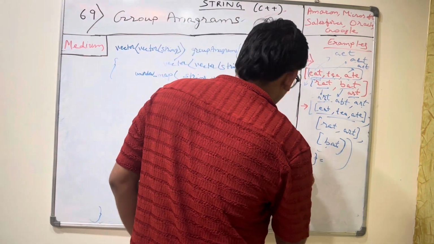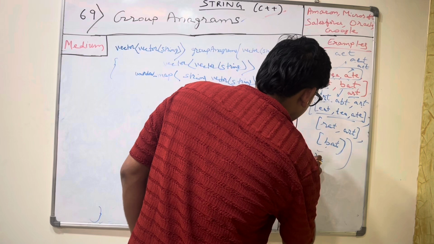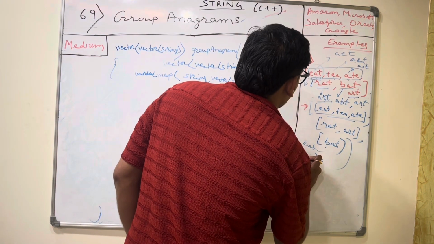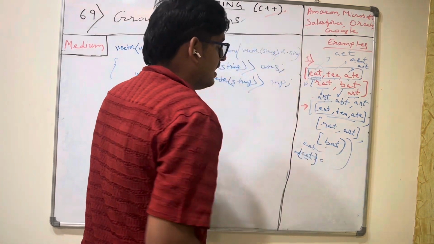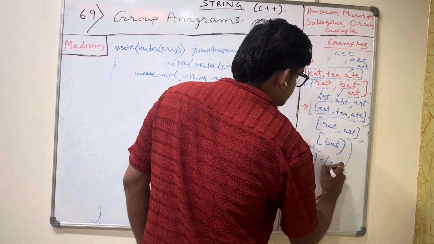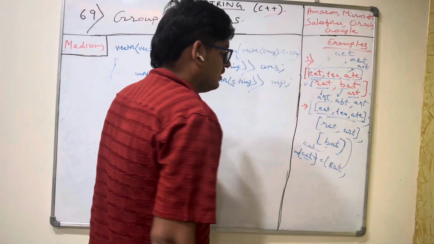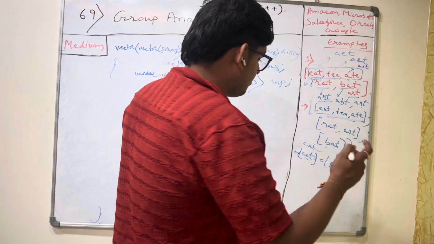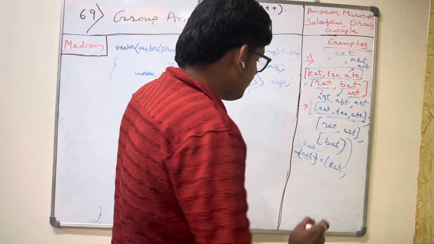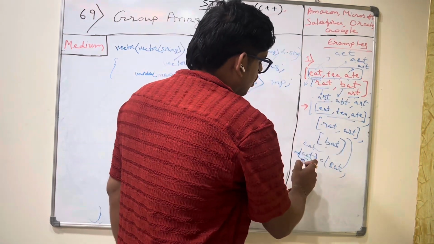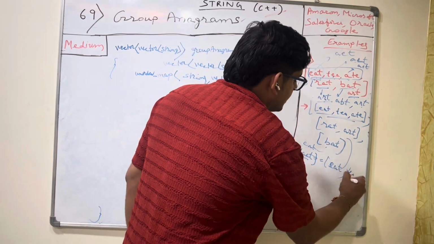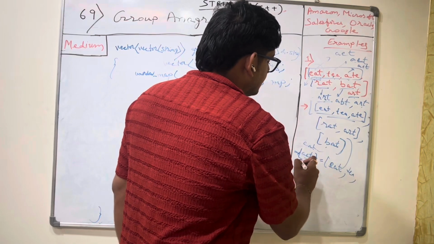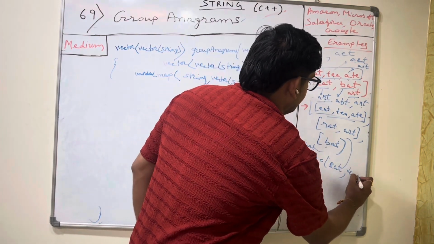So better, we will store this EAT and sort it, because once we sort it, it would be the same key, and now we push its original value, EAT. Now we get TEA, so TEA will be sorted, and when we sort it, it is AET, and it is already there, and since the sorted key is the same, we push TEA here, and then ATE, again it will be sorted to AET, and since it is the same, it will be pushed here, ATE.